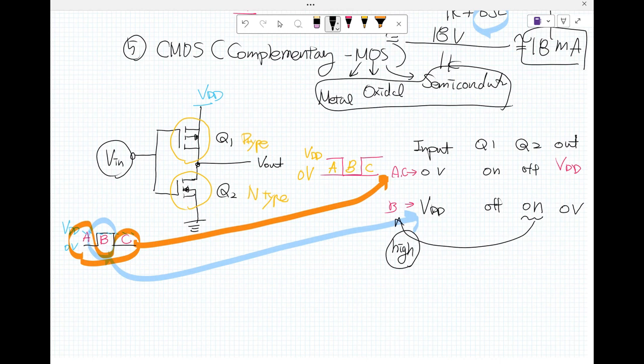So from here, we're going to see that the output voltage is inverted. The input voltage is high, Q sub 1 is off, and Q sub 2 is on.